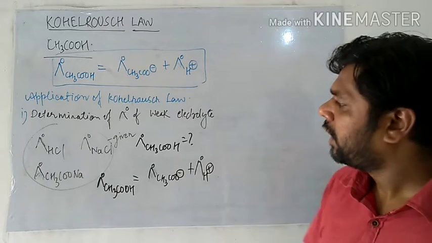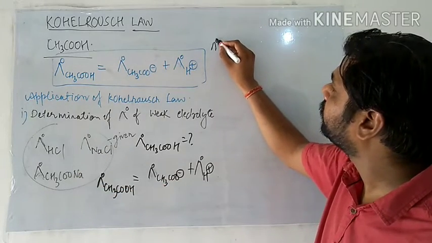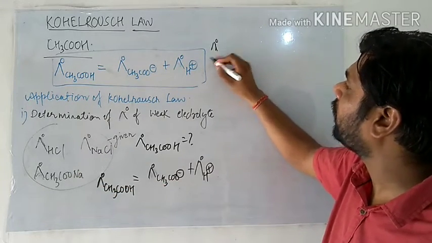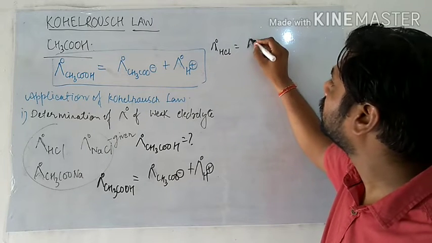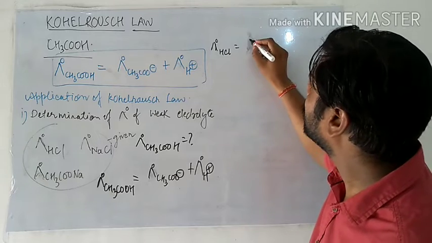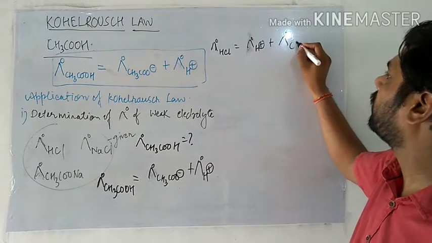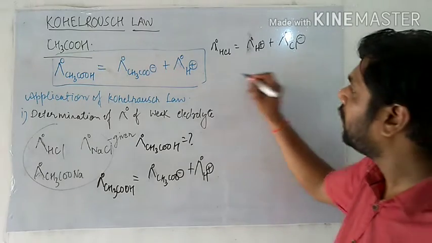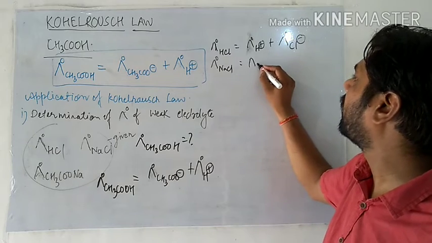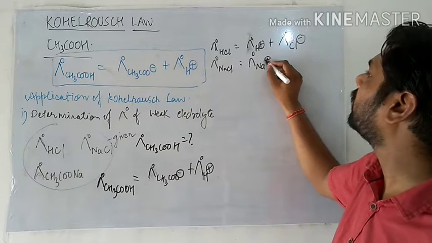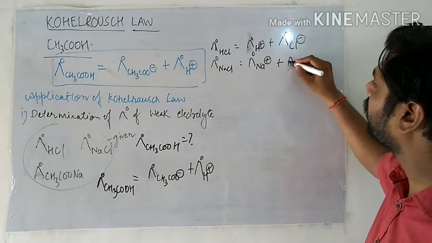Okay, so what values we have? We have lambda naught HCl, that will be equal to lambda naught for H positive ion and lambda naught of chloride ion. Broken it down and written. Similarly we will write sodium chloride, that is lambda naught for the sodium ion plus lambda naught for chloride ion.